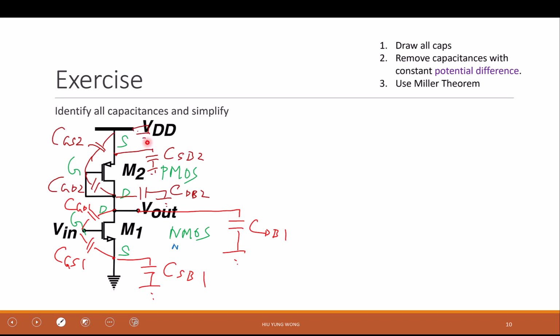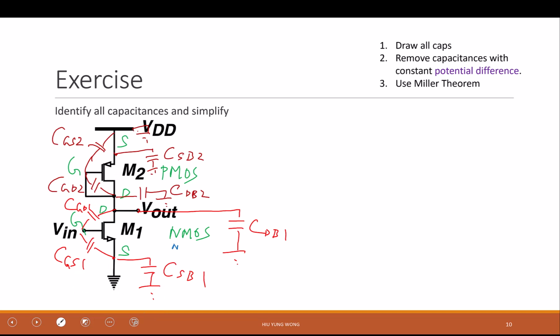So I have 8 capacitors, but some of them are useless or have no effect. For example, is it important to include CSB1 in this case? It is grounded at both terminals. This is ground, this is ground. It means no matter what happened to your transistor, I have 0 potential or a constant potential across my capacitor.